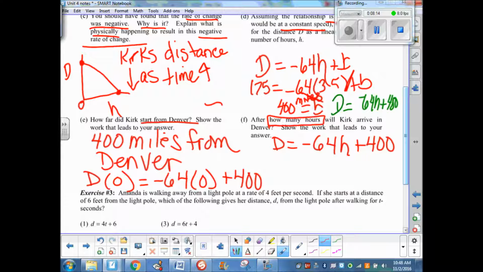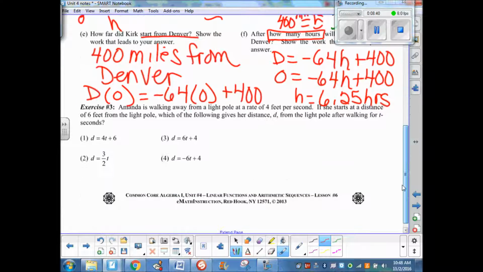We have arrived, so we've traveled that 400 miles, which means we're at 0 miles from Denver. Negative 64h plus 400, and we end up solving for h, and we get 6.25 hours it took him to get to Denver.